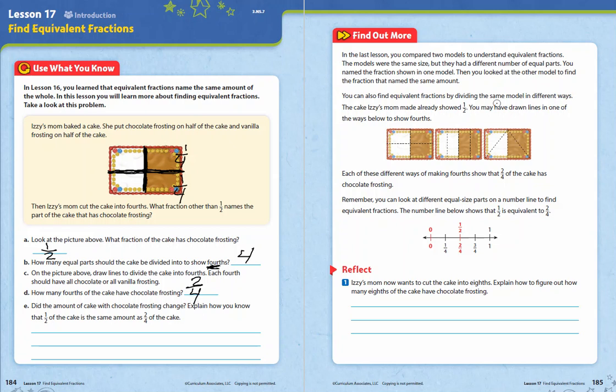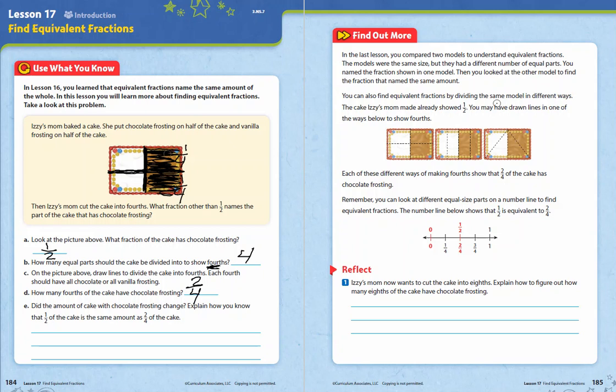So here we have 1/4 of the cake, and we also have 1/4 of the cake. So 1/4 and 1/4, that's 2/4 of the cake.